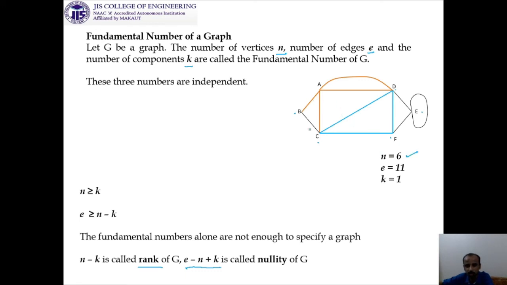Then 1, 2, 3, 4, 5, 6, 7, 8, 9, 10, 11, so e is 11 and k is 1. So n greater than or equal to k is true.